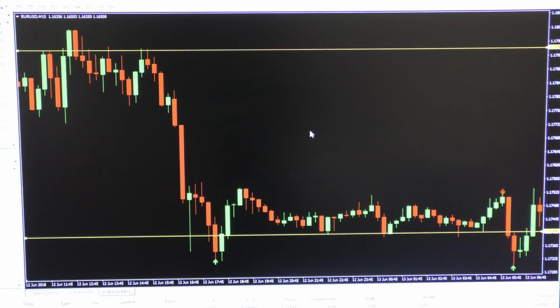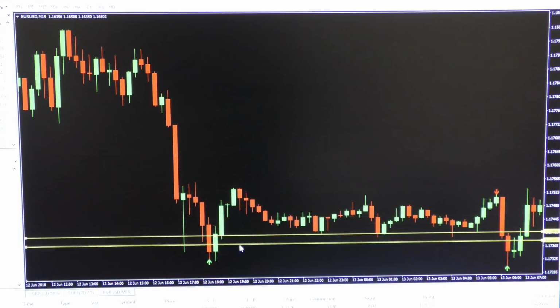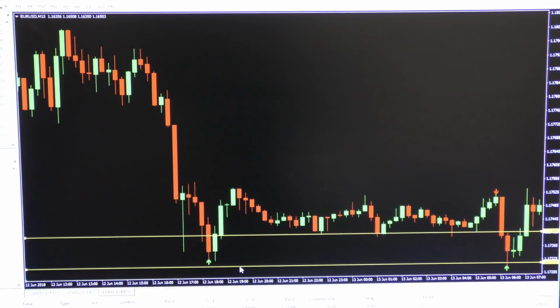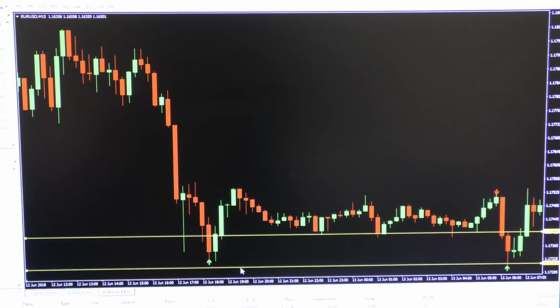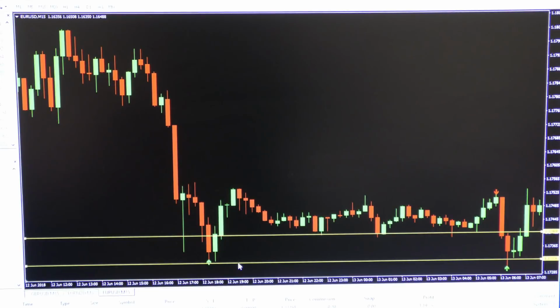So this closed as green, and we buy at the open of this next candle here. Our stop loss is 5 pips below the low, and the low is 1.1733. If you take away 5, it's going to be 1.1728.